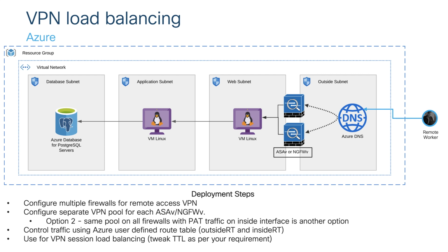The other option is you can have separate IP pools for each firewall, and you can define your UDRs in such a way that traffic will come back to the same firewall where the initial packet is seen or where your VPN user is connected. Both options are available, and we recommend using a DNS solution that can track your firewalls and load balance your VPN sessions.